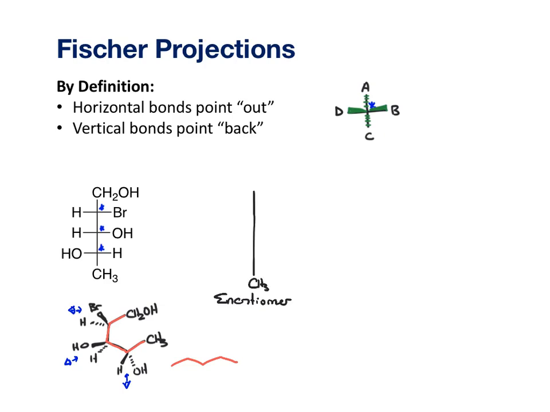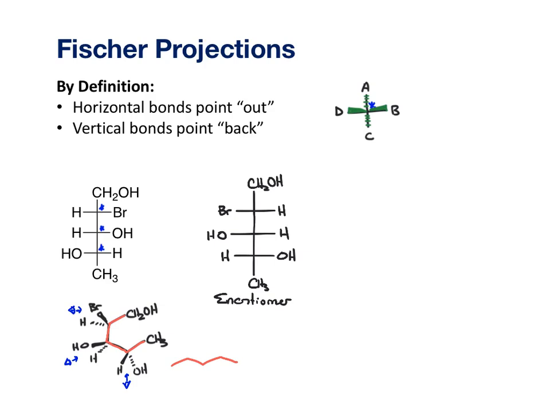There's the CH3, the CH2OH. Here's our three chiral centers. We don't need to put in the dashes and wedges because they're already there by definition. So now we just invert those groups, Br and H, OH and H, H and OH. So that is the enantiomer.